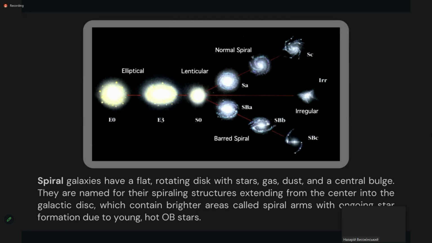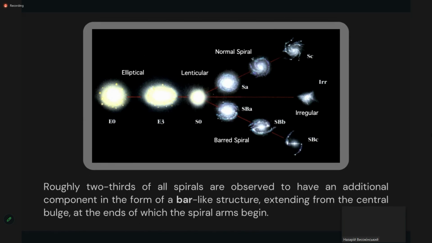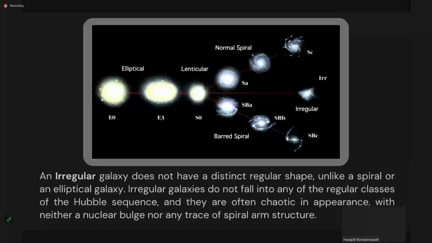First, when the arms start from the center. And the next one is the barred galaxy, because here we can see the bar inside the center, and from this bar, arms start.